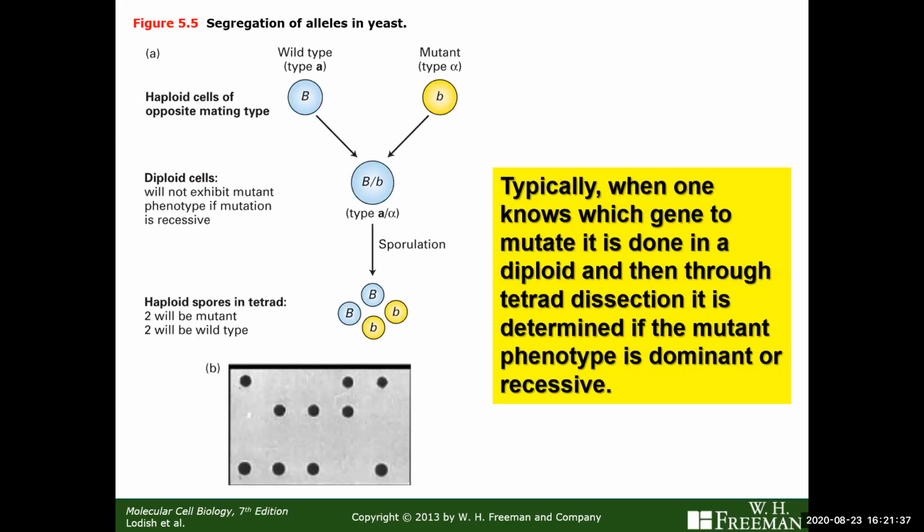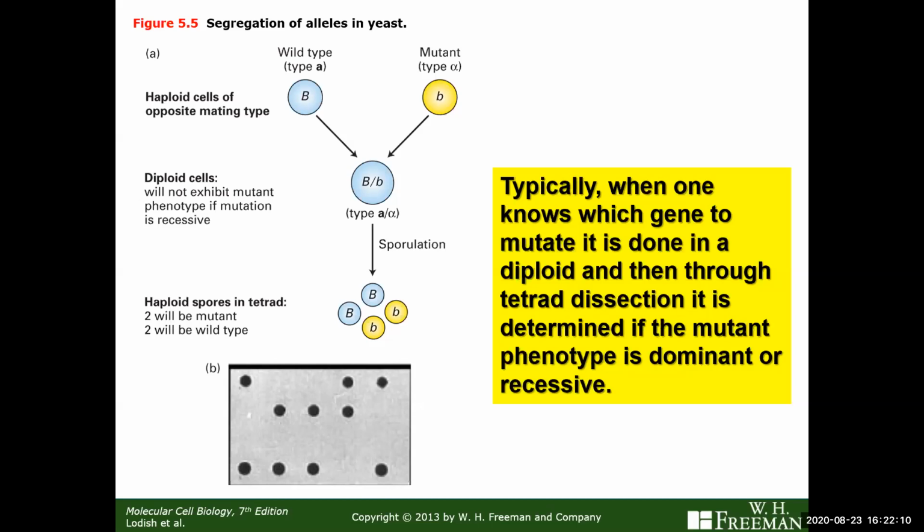Why do you want to do your mutation in the haploid? Because chances are, and for most genes it is true, that the mutation will be a recessive mutation. If you even lose a gene, if it is a diploid, the other gene, the wild type copy, is present, and that may itself be sufficient to conduct normal activities of the mutant cell.